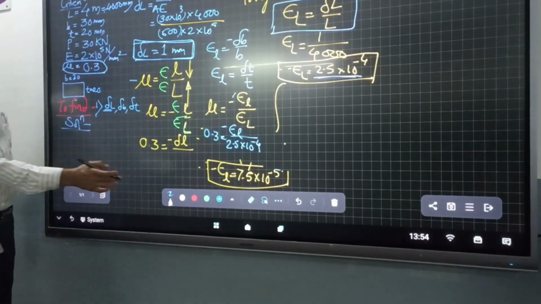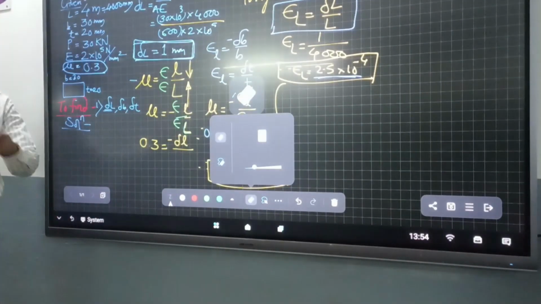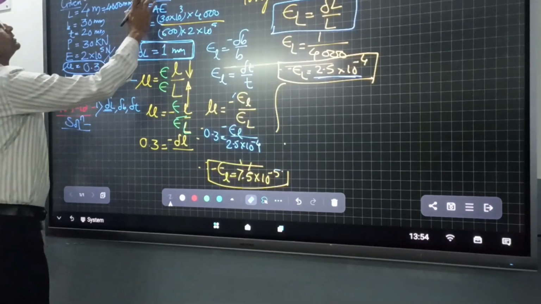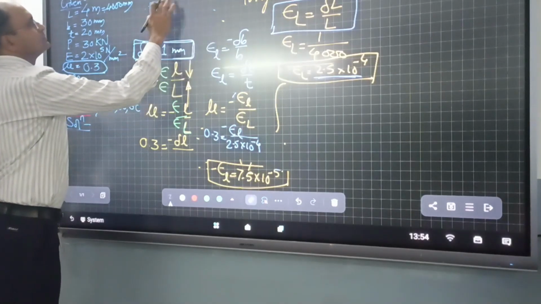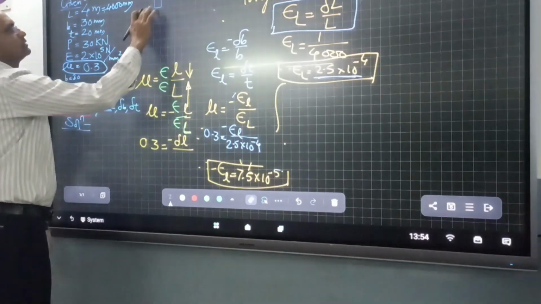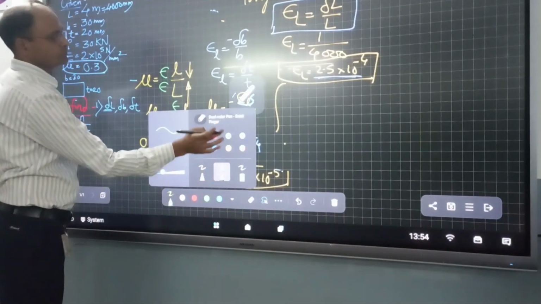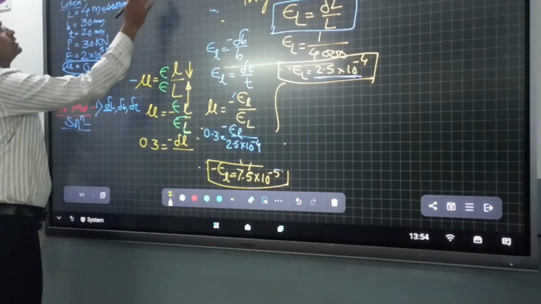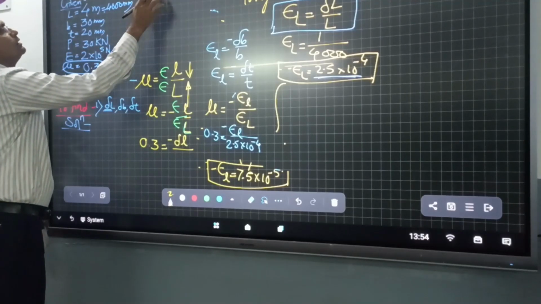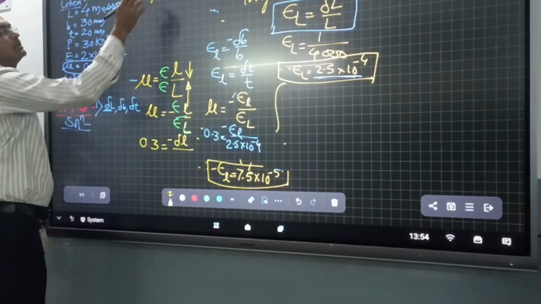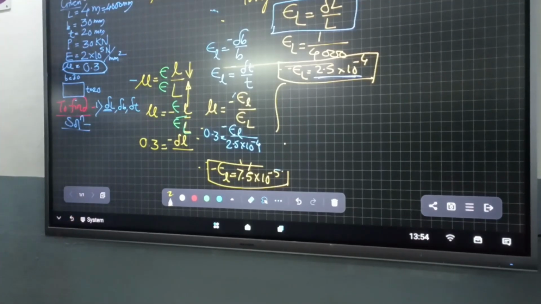Okay. Now if I just use this value for calculation of delta B and delta T, how to use that? So I'm just using it again. So minus epsilon L, lateral strain, is equal to, there are two dimensions in lateral direction. Which are the two dimensions?